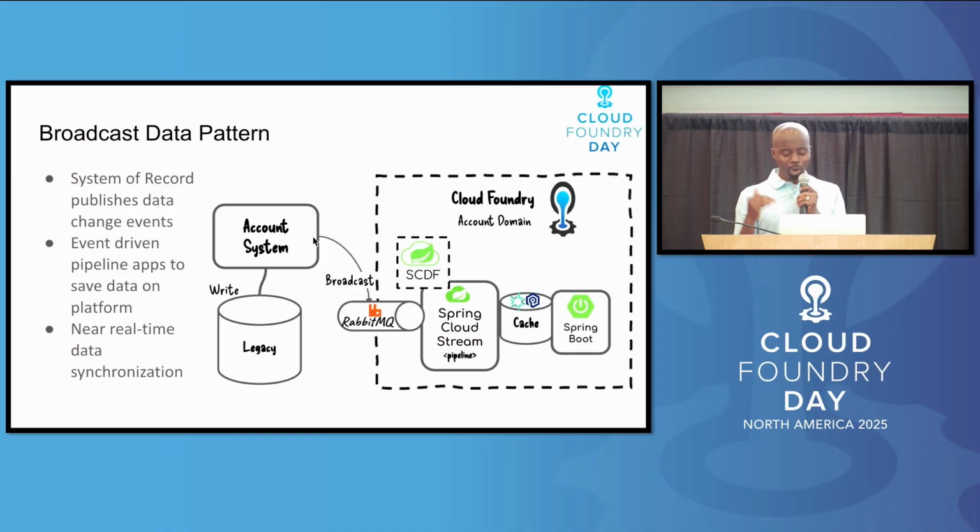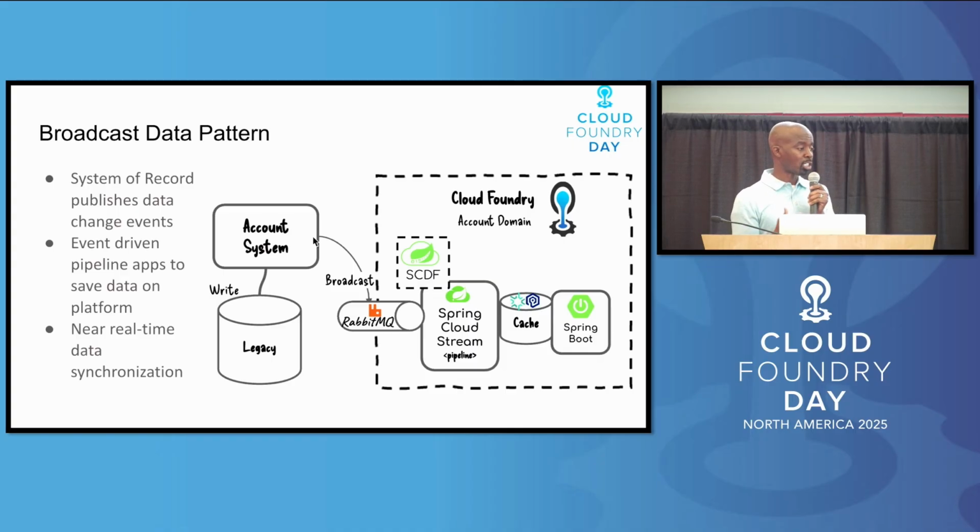But it's not always an option to funnel all write operations to a new service or that anti-corruption layer, right? So, as an alternative, you can use the broadcast pattern. With this pattern, you basically enhance the system of record such that it will publish changes to a messaging solution like RabbitMQ.